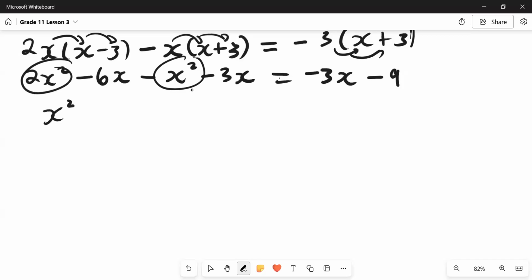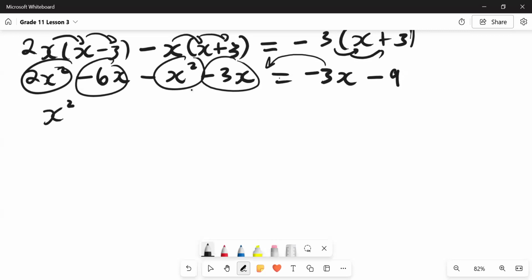And then minus 6 minus 3, that's minus 9. When we transpose this one, it becomes a plus 3. So minus 9 plus 3, that's minus 6x. Perfect. And then transpose your negative 9, it becomes a positive 9 equals 0.